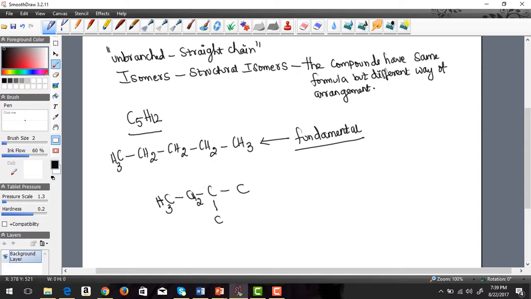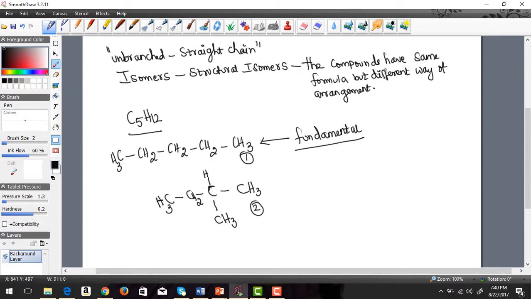This one is not an external carbon; it is sandwiched between 3 carbons, so it can only have 1 hydrogen. This carbon has a single bond, so it can have 3 more hydrogens, and this one can also have 3 more hydrogens. This is one isomer. This is the first, this is the second.